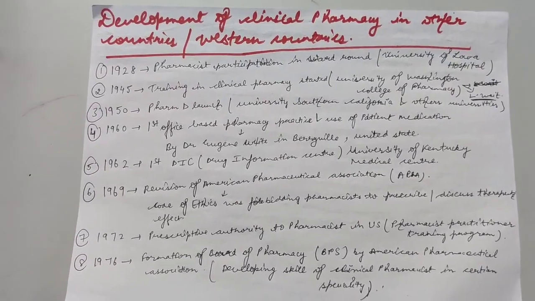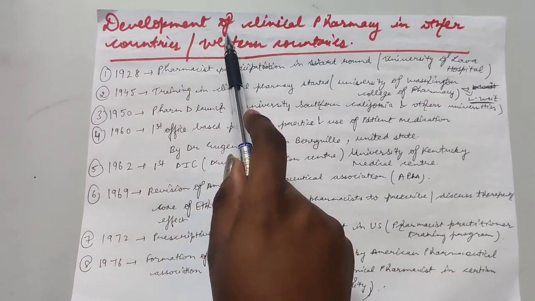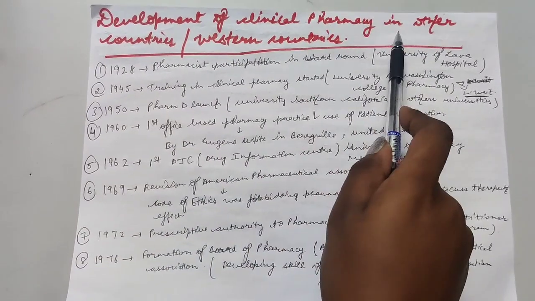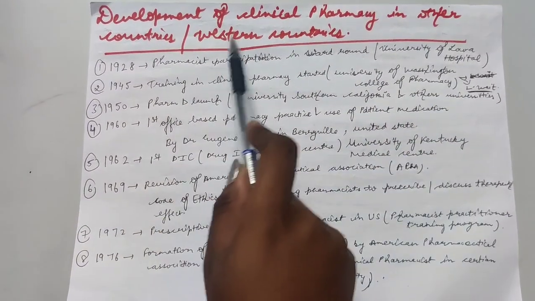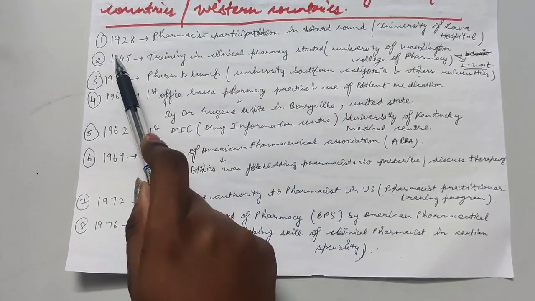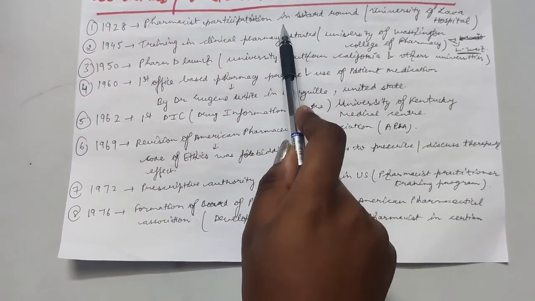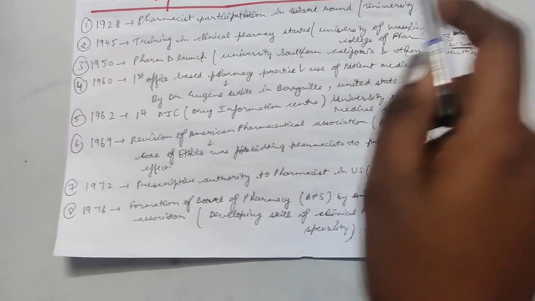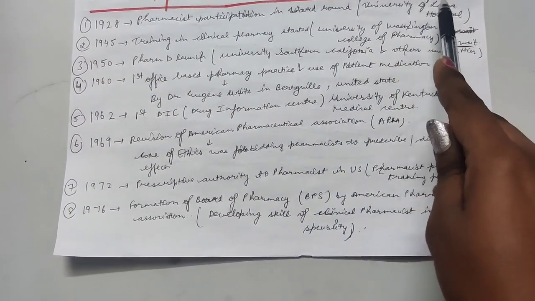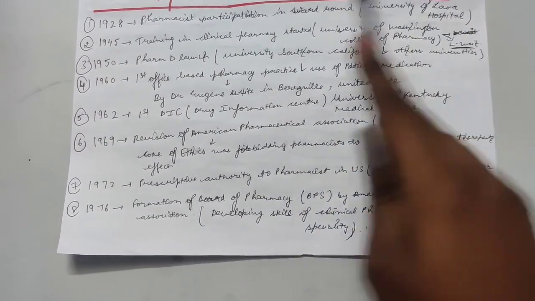The last topic of this module is the development of clinical pharmacy in other countries, or the Western countries. In 1928, pharmacist participation in ward rounds was seen in the University of Iowa Hospital.